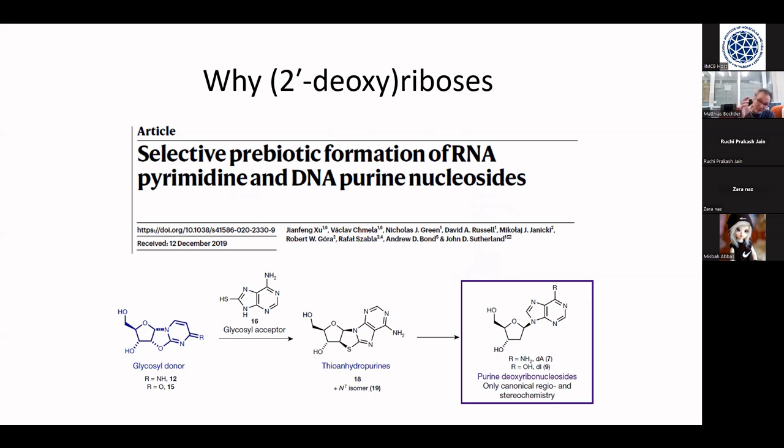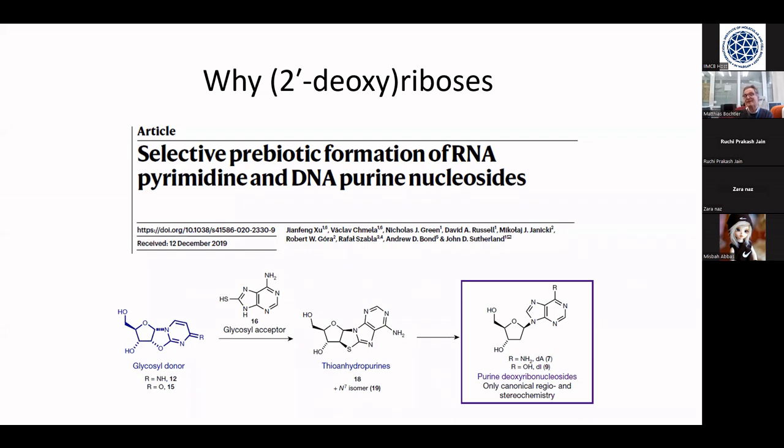And actually, I don't want to go in detail into the chemistry, but have a look at this really interesting paper from John Sutherland's group, which basically shows that it's possible to, under abiotic conditions and without enzyme catalysis or any sophisticated means, to basically stereoselectively synthesize the building blocks under prebiotic conditions.